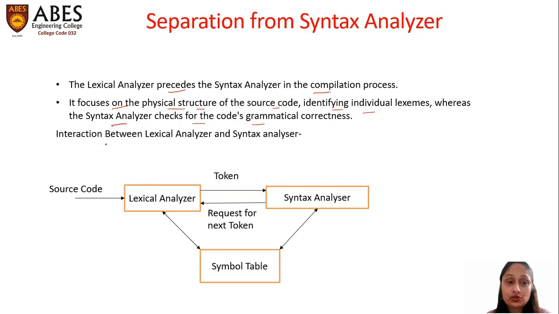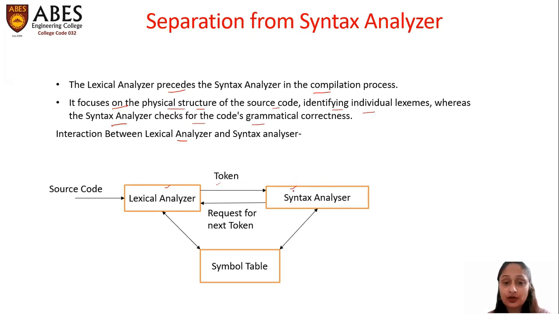How do these two, the lexical analyzer and the syntax analyzer, interact with each other? Basically, lexical analyzer is the first phase of the compilation process and syntax analyzer is the second phase. Lexical analyzer takes source code as an input, and the outcome of this phase is the tokens.